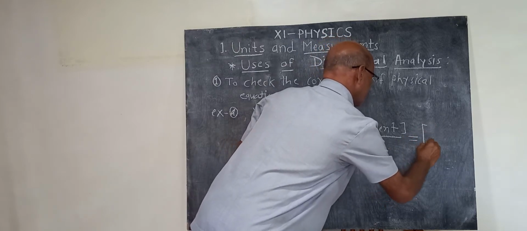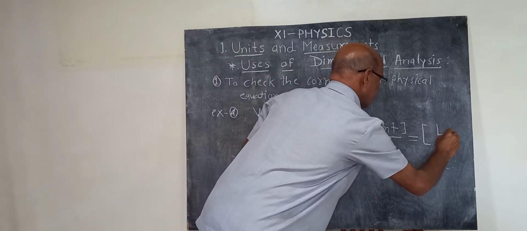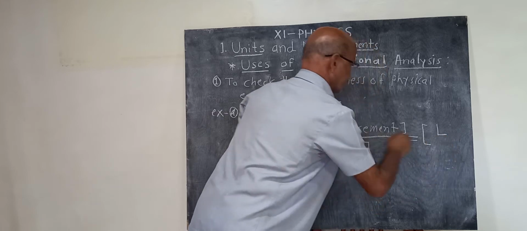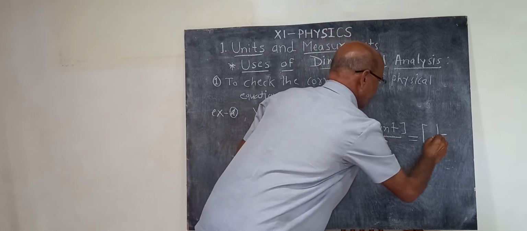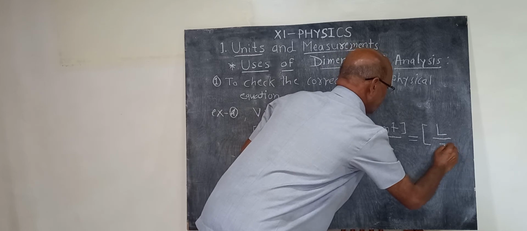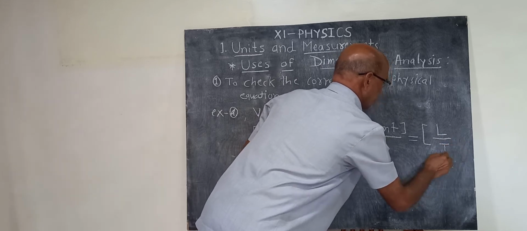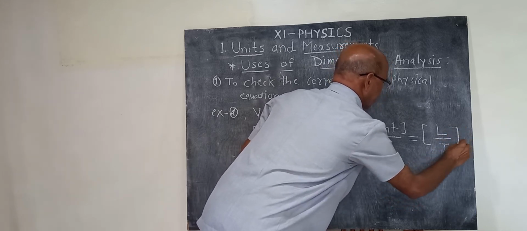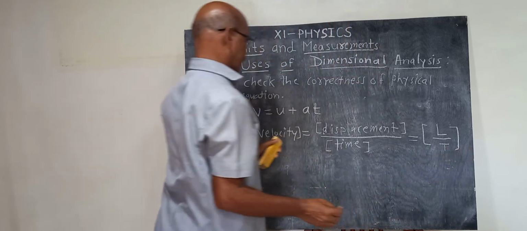Displacement is denoted by capital L and time by capital T, written in square brackets.